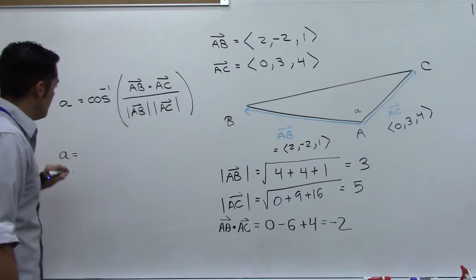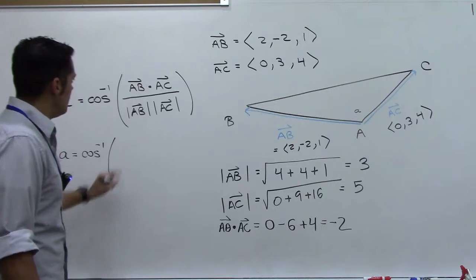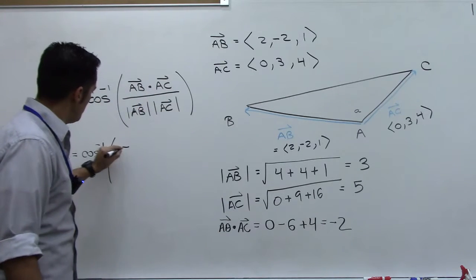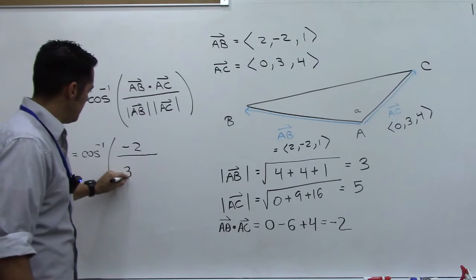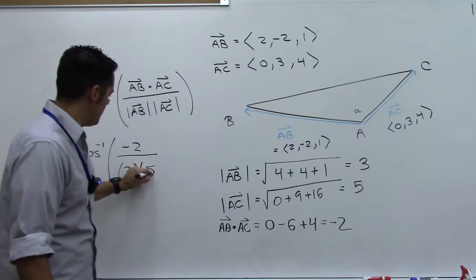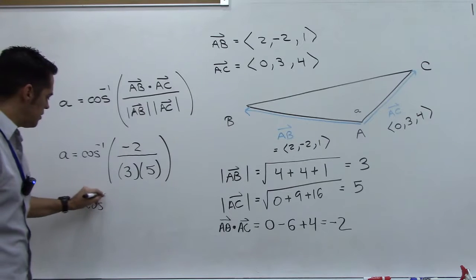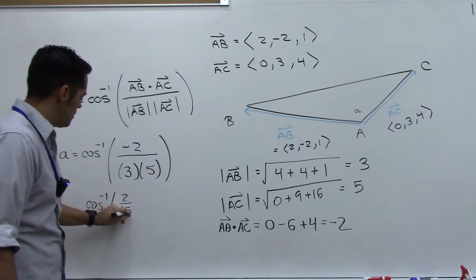The angle A will be equal to arc cosine of AB dotted with AC, which we said was negative 2, over the magnitude of AB, which was 3, times the magnitude of AC, which was 5. And so this is cosine inverse of negative 2/15.